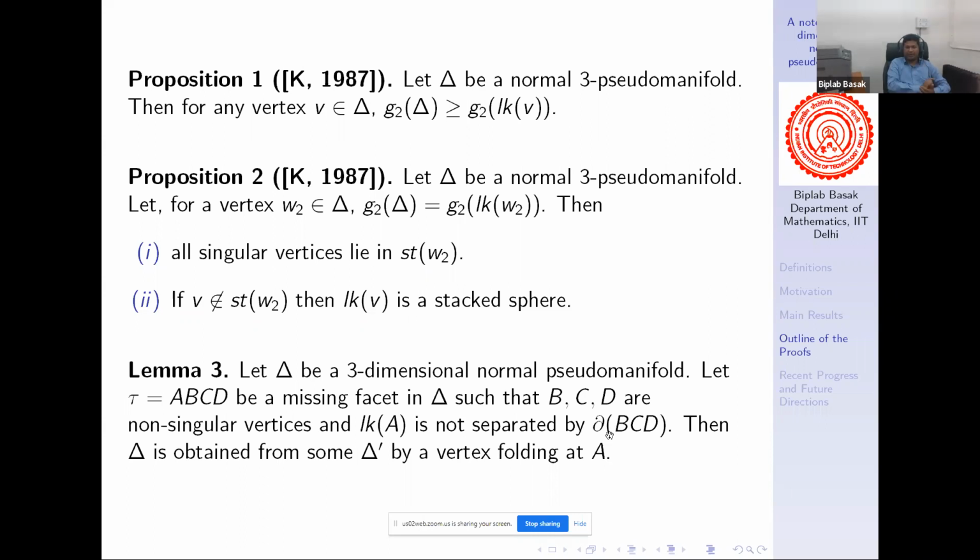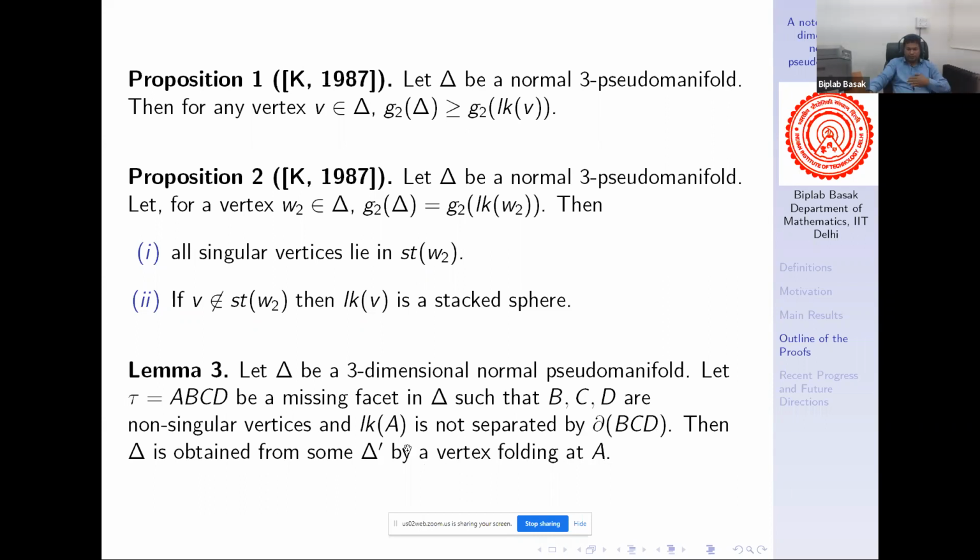Now observe that if ABCD is a missing tetrahedron in delta, then the triangle BCD is not in the link of A, but the boundary of this one is in the link of A. And here the condition is that if the link of A is not separated by this arc, then delta is obtained from some delta dash by a vertex folding at A.